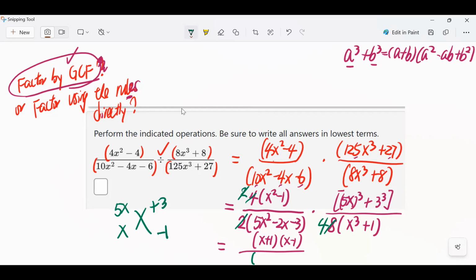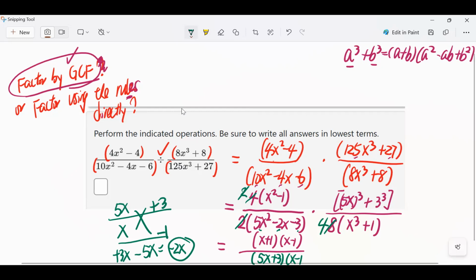And if you cross multiply, you get plus 3x minus 5x. That's minus 2x. That matches the middle term. First term, last term, middle term. So the factors will be 5x plus 3 and x minus 1.